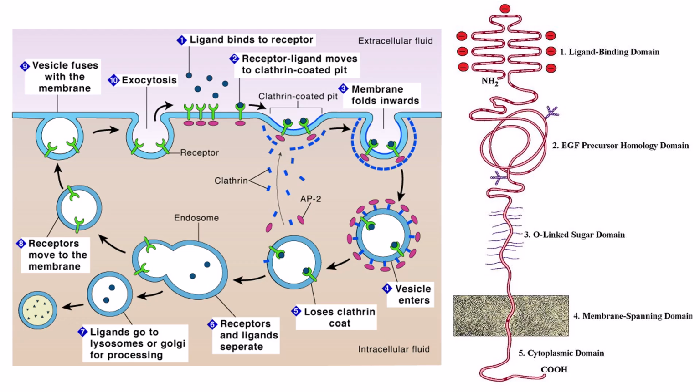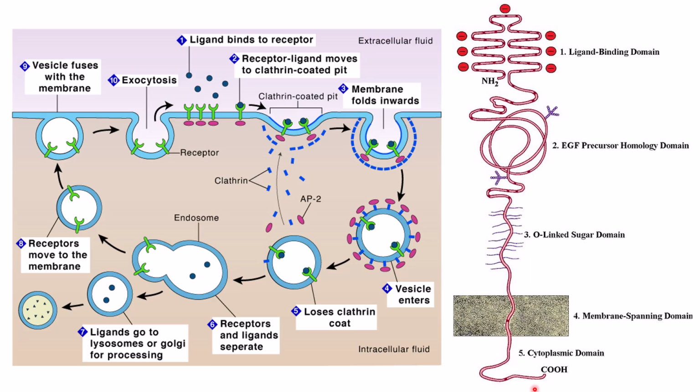So how does the cell utilize cholesterol? LDL has to be taken up by the cell. Now for that there is an LDL receptor. You can see here, this is the LDL receptor. This is the extracellular domain, the N-terminal of the LDL receptor to which the LDL will bind. This is the transmembrane region of the LDL receptor, and this is the cytoplasmic domain.